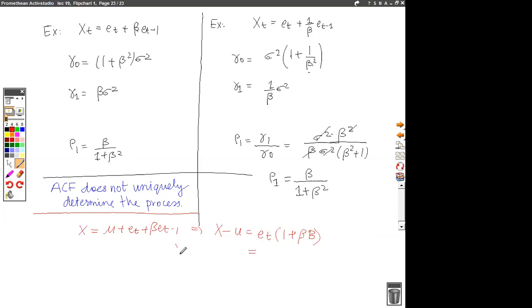So what I get here is x minus mu times the inverse of 1 plus beta B equal to et. Sorry, I should have xt here. Does this make sense? Yes, ma'am. Good. So now we will do something.